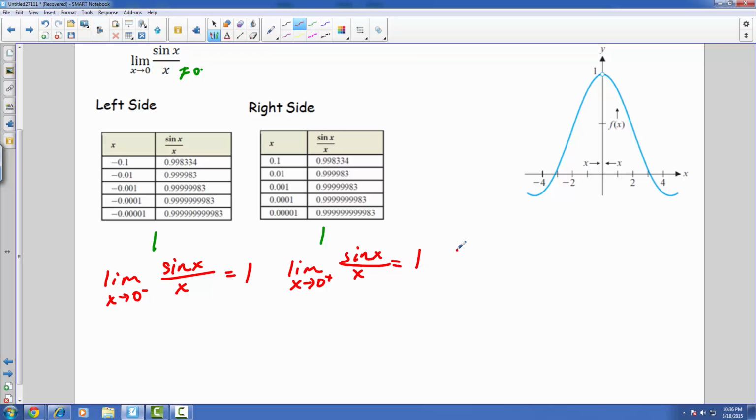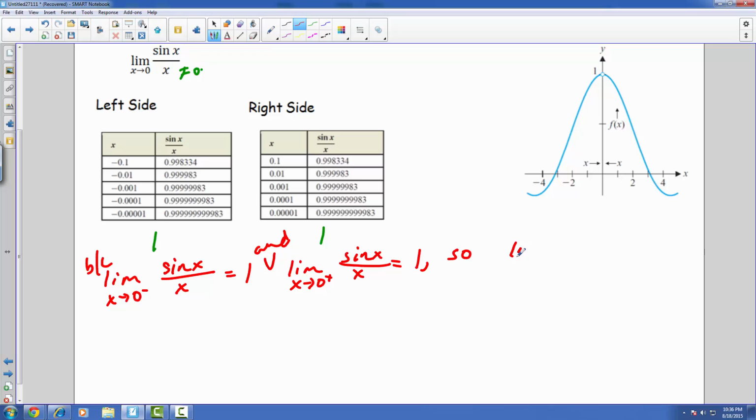And as a result, because the left one is equal to 1 and the right one is equal to 1, we have a limit and it's also in fact equal to 1.